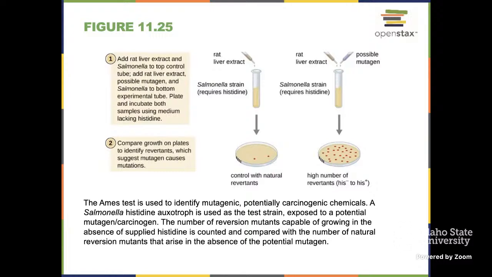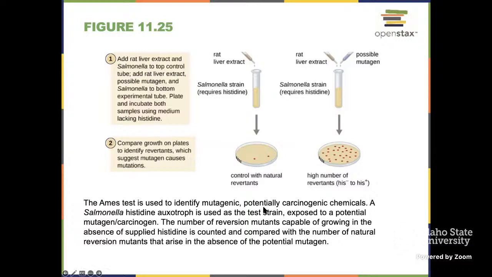The Ames test is a test that is designed to look for different chemical substances, different things that have the potential to be damaging to a cell, mutagenic, or even carcinogenic. Are these substances things that could be an issue?